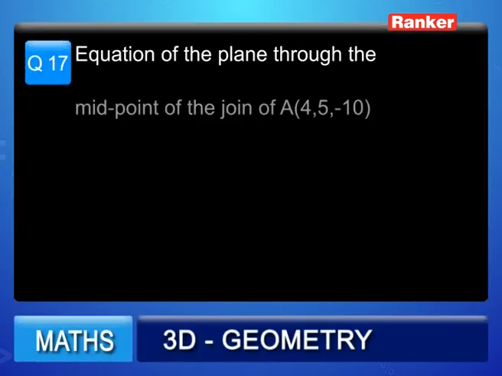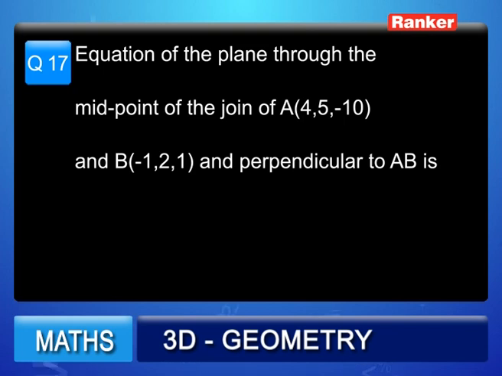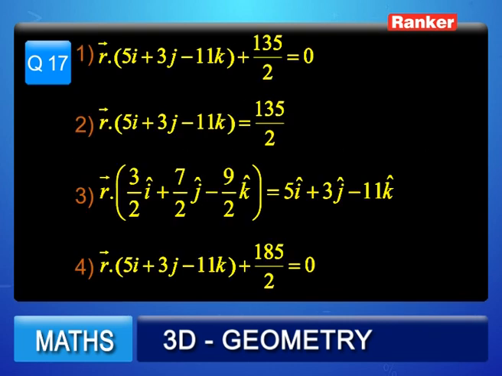Let's move to the next question, question number 17. The equation of the plane through the midpoint of the join of A (4, 5, minus 10) and B (minus 1, 2, 1) and perpendicular to AB is: first option, r bar dot 5i plus 3j minus 11k plus 135 by 2 is equal to 0.